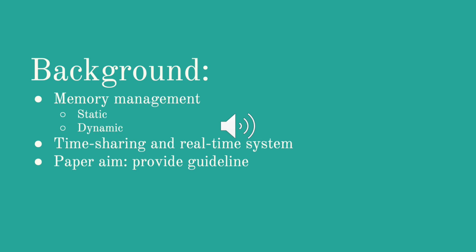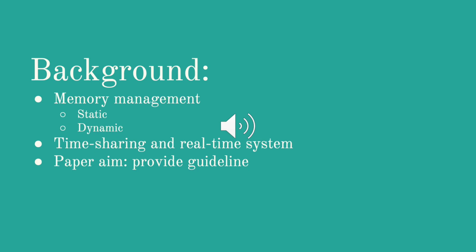When the allocation of memory is performed at compile time, it is known as static memory. When the memory allocation is done at execution or runtime, it is called dynamic memory allocation.